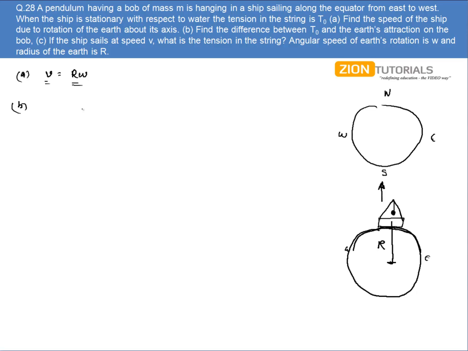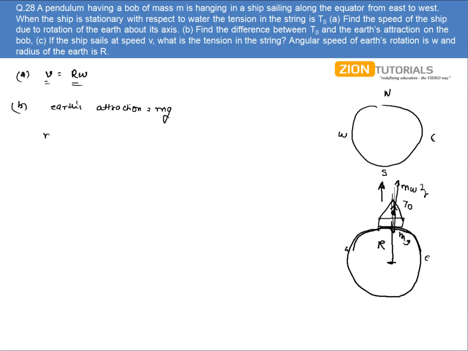Fine. In the second case, we have to calculate the difference between T naught and the earth's attraction on the bob. Now the earth's attraction is mg. Since it is moving from east to west, at the condition of equilibrium along this axis, I can write: T naught is in our direction, mg is downward toward the center, and of course a centripetal force that will be given by m omega square r.